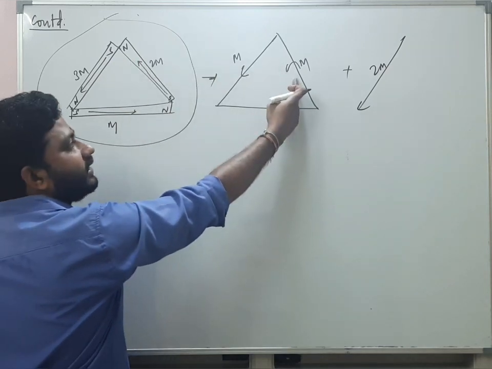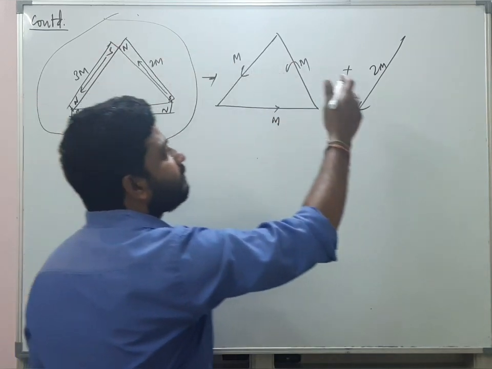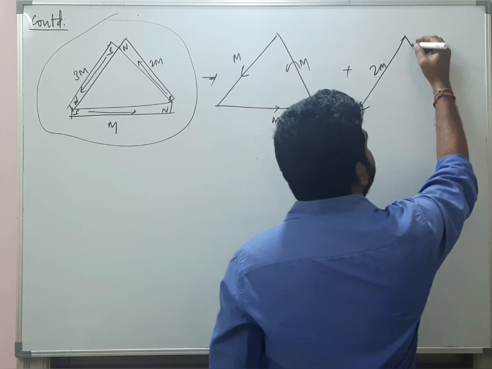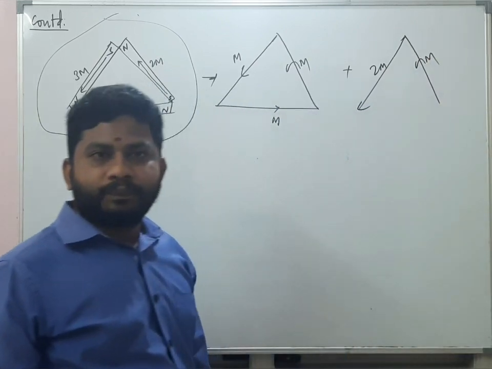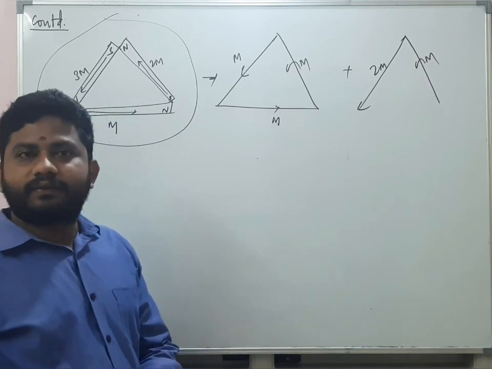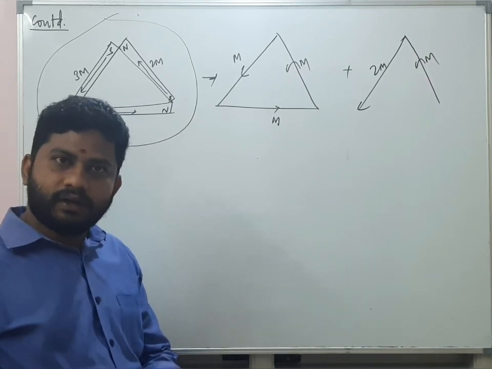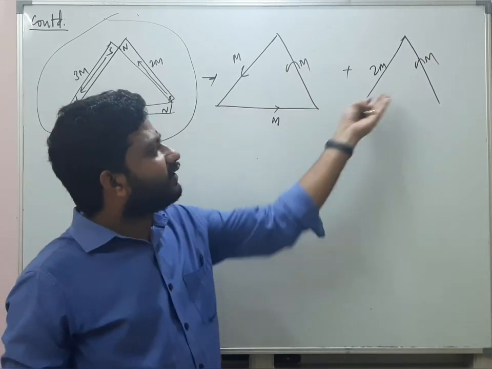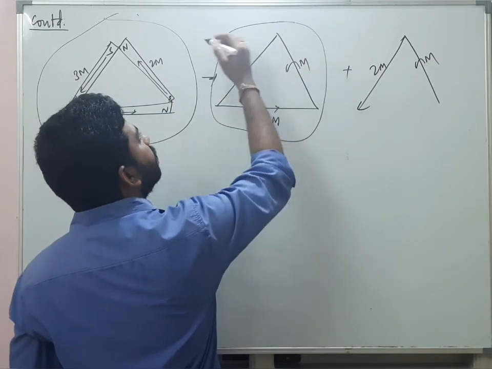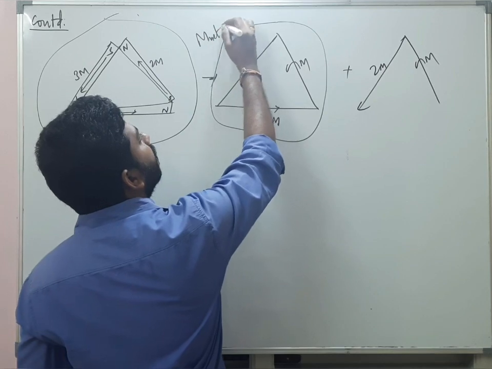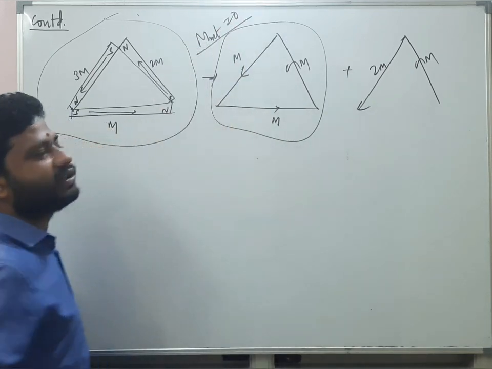Already M is taken here, so one M is left. So this is the direction of that M. Understand? Clear? Now you can find the net. See, the net magnetic moment in this case is 0 according to the polygon law.